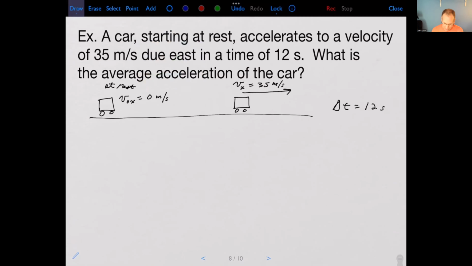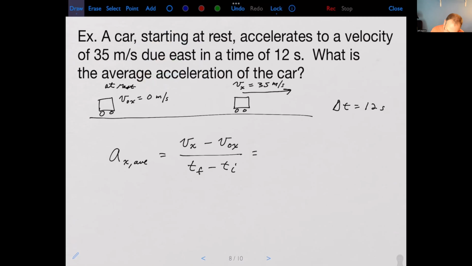So basically, I'm just plugging in. Remember, the average acceleration in the x direction is simply going to be the final velocity in x minus the initial velocity in x divided by the final time minus the initial time.